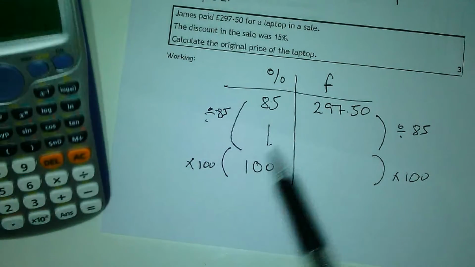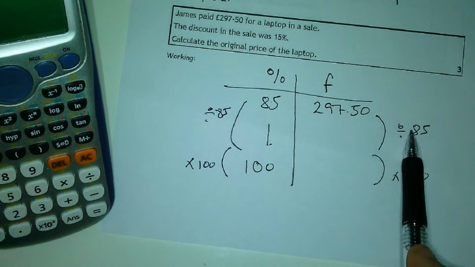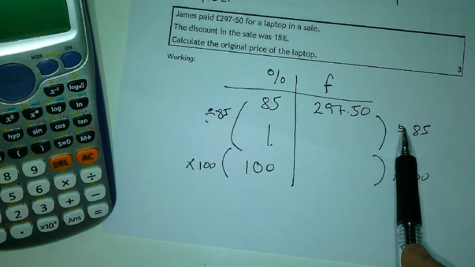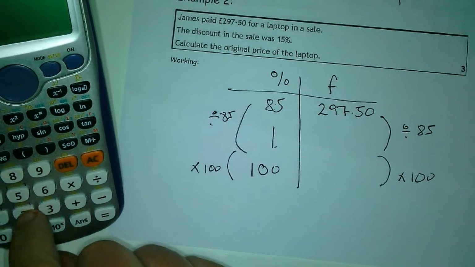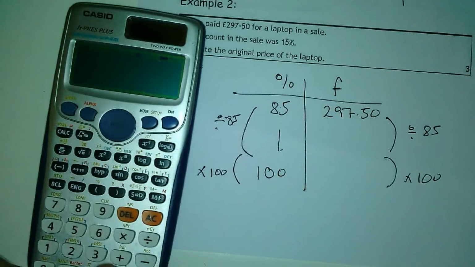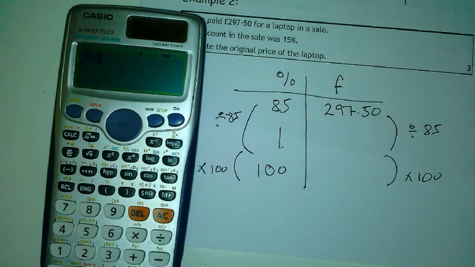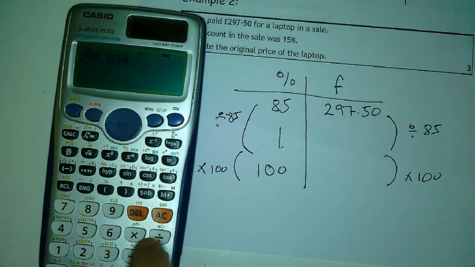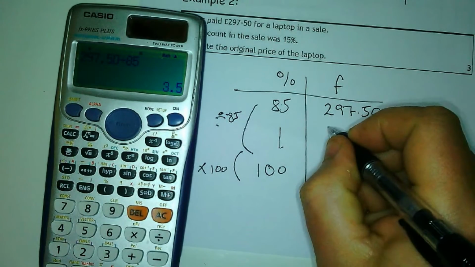So, calculator. 297.50 divided by 85 equals 3.5. Nice.